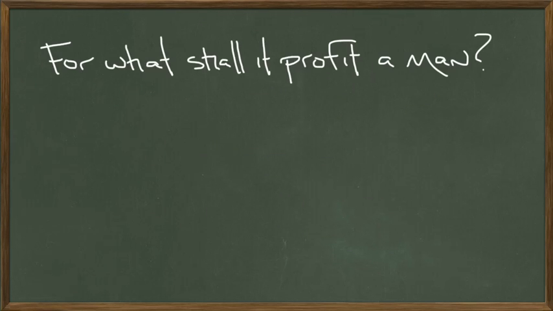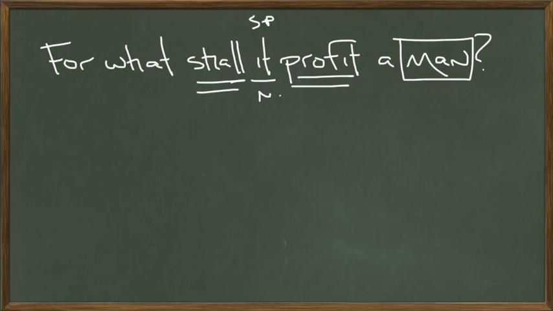For what shall it profit a man? This is a fragment from the New Testament. We're not going to diagram this one. Let's see. It, subject of the sentence, it's the subject pronoun, nominative case. It will what? It will profit. It will profit a man.